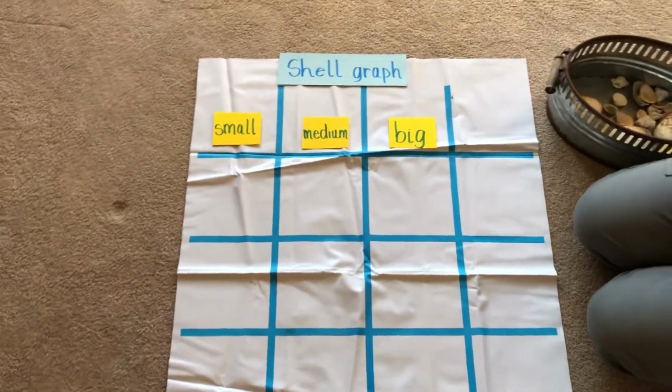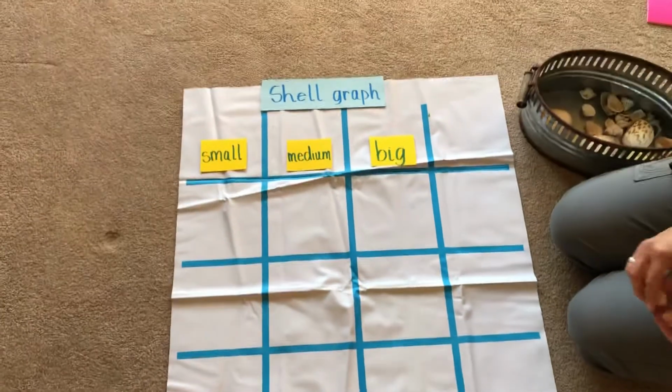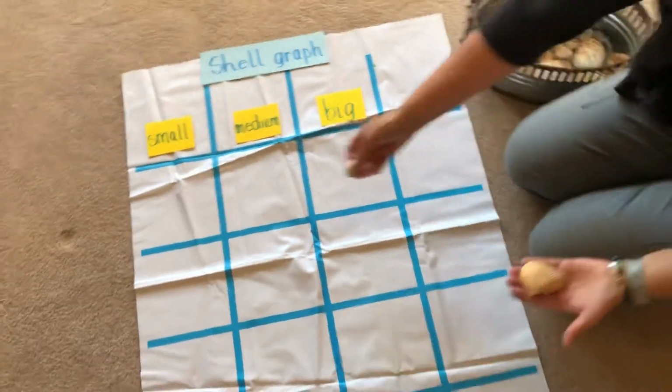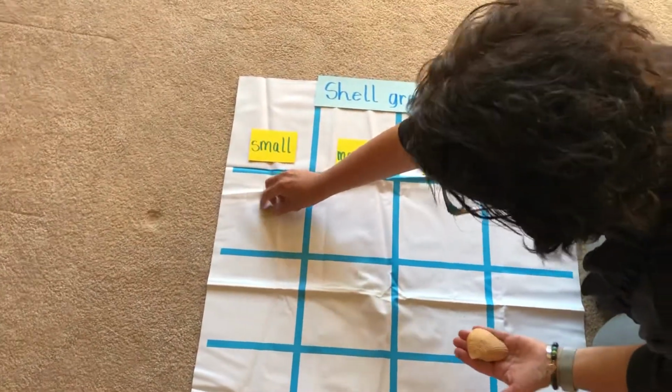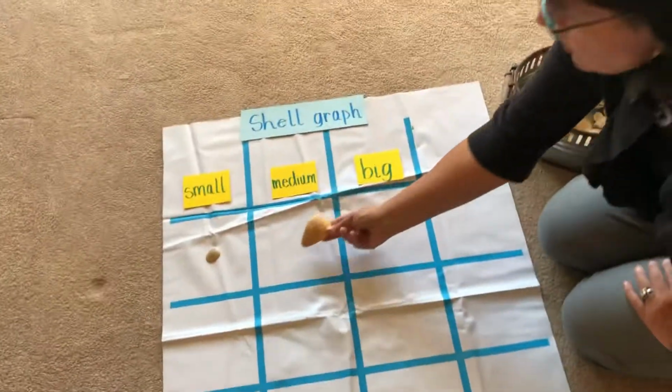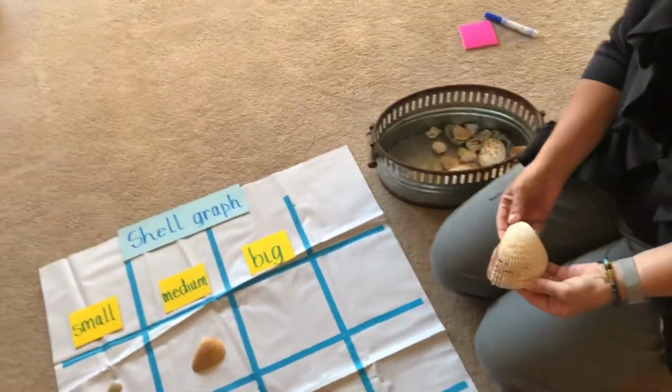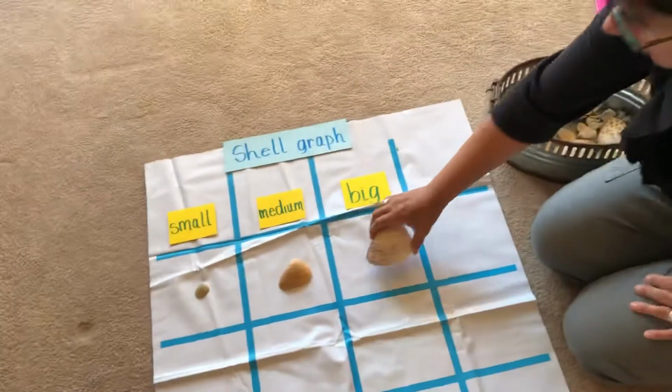All right, so we'll reach in and we'll pull out a couple of shells to compare. I think definitely this shell is small, so we'll put it in the small box. This shell looks medium, wouldn't you say? And I showed you at the very beginning, this one is a big shell.